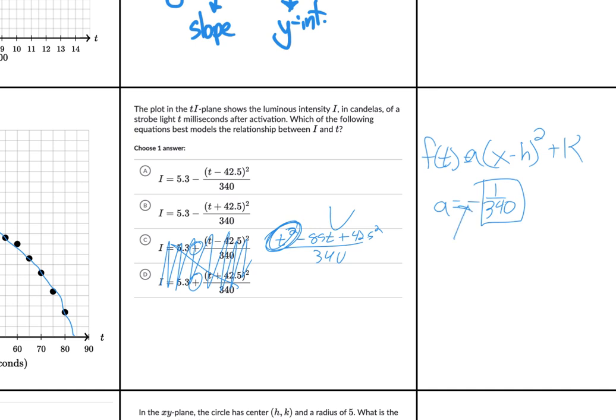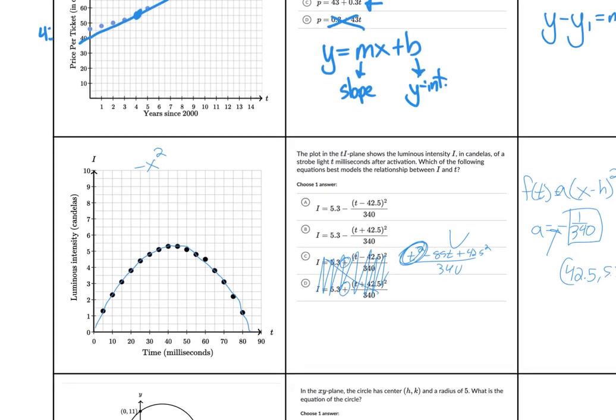This reflects it. And so my center should be at 42.5 and 5.3. So this is just looking at the equation for a parabola in vertex form. So we've got the vertex here at 42.5 and 5.3.